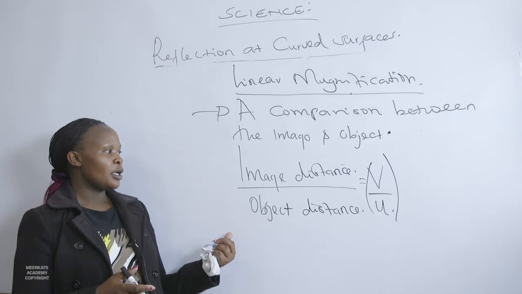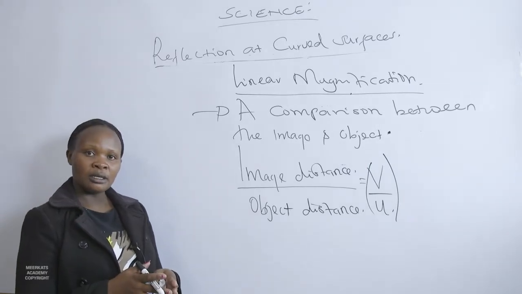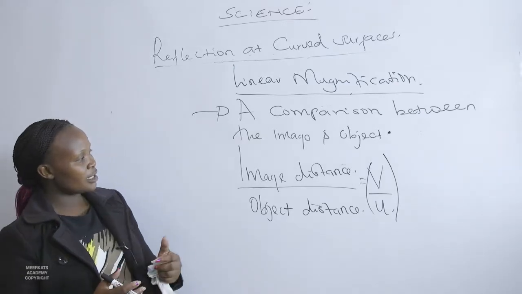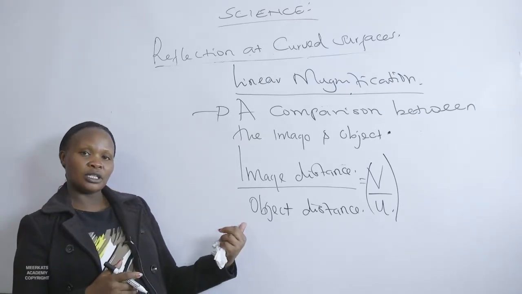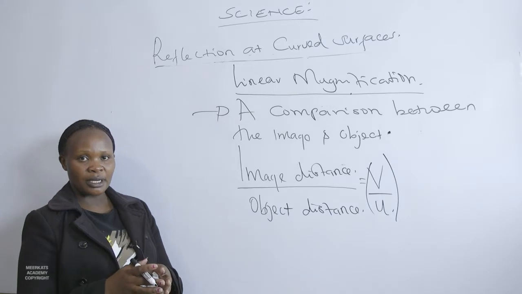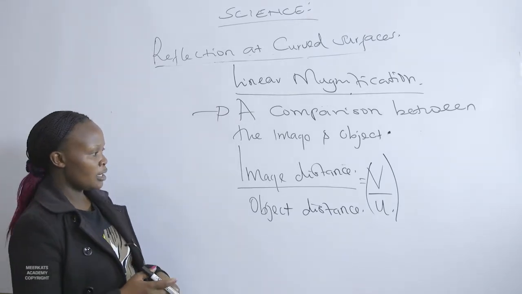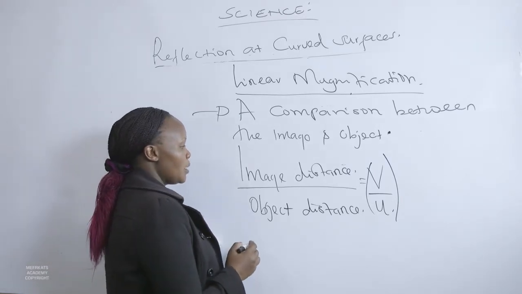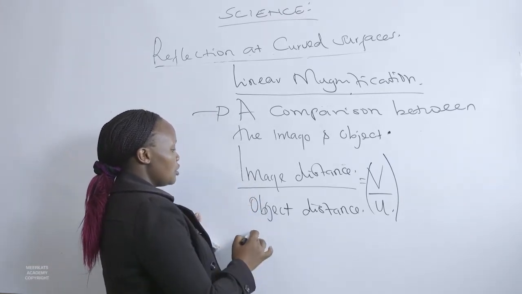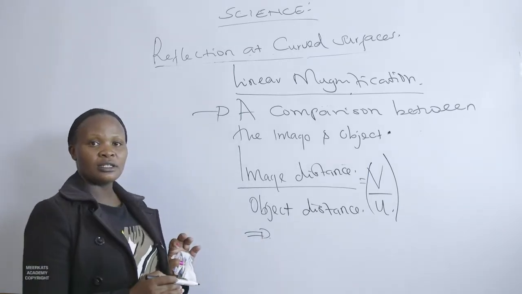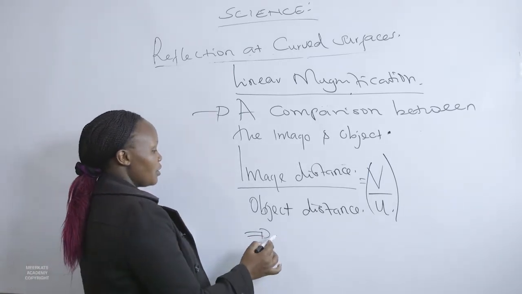Now, if the image distance is smaller compared to the object distance, then we expect a magnification that is less than 1.